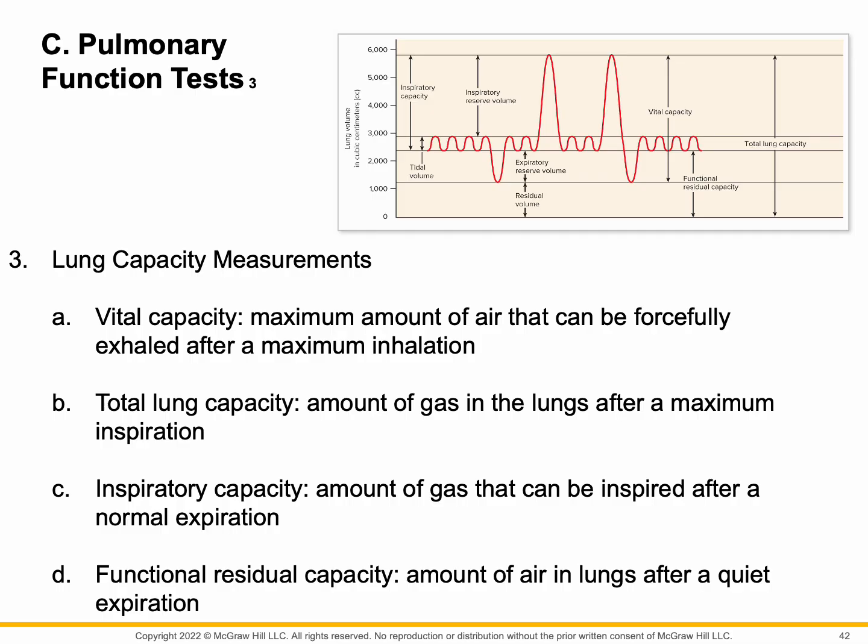Then there's the inspiratory capacity. The inspiratory capacity is the amount of gas that can be inspired after a normal expiration. And then the functional residual capacity, which is the air left in the lungs after normal exhalation, after quiet breathing.